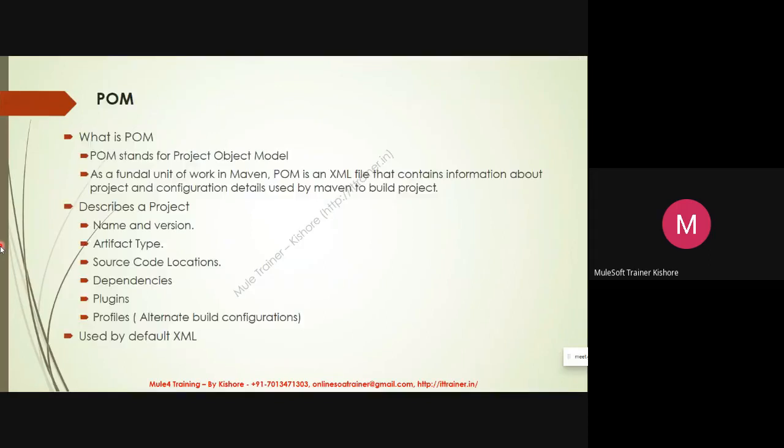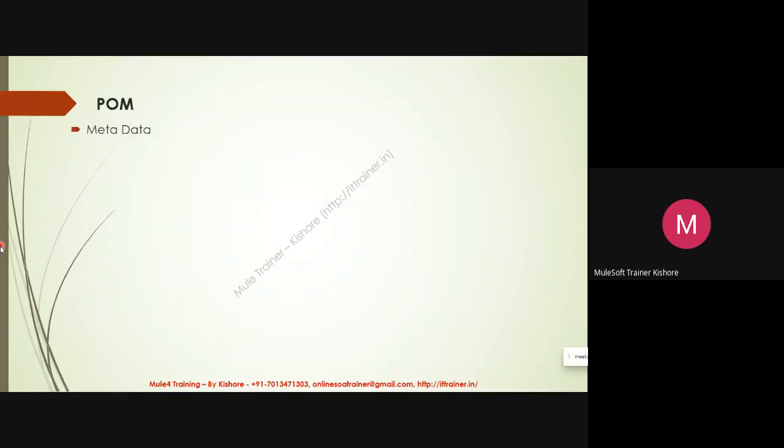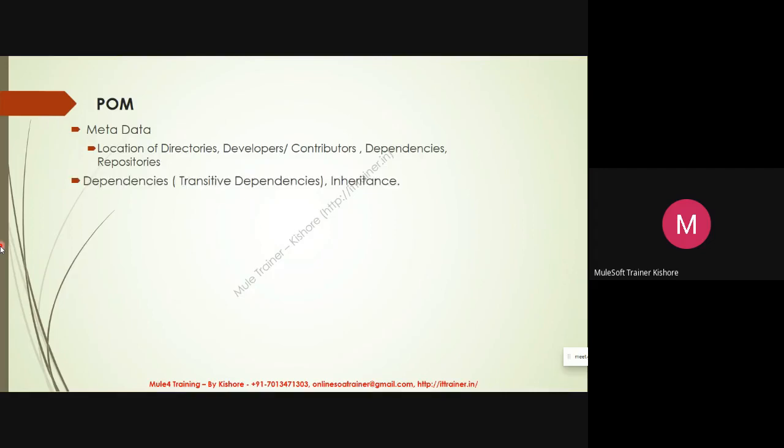It is Maven pom.xml. By default, it will be in XML format. The POM contains the metadata, location of directories, developers, contributors, dependencies, repositories, and it will have transitive dependencies as well.